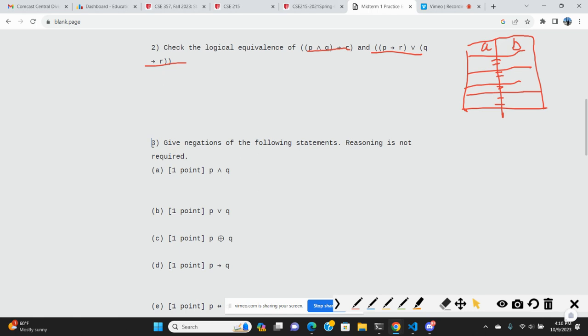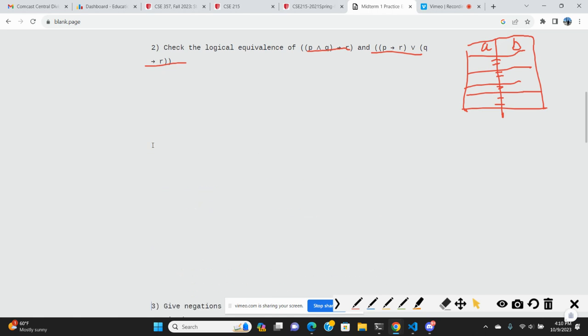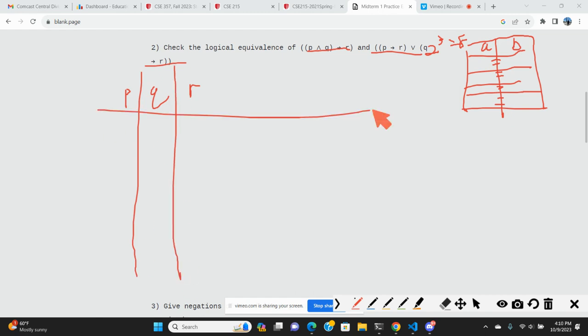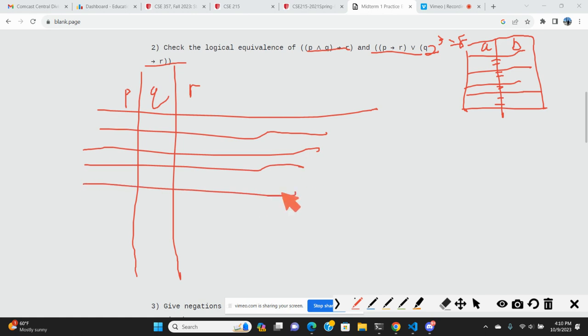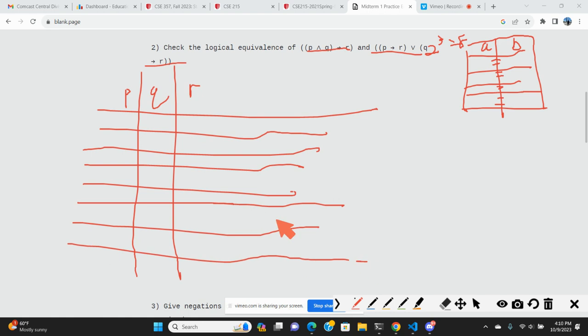Let's give this again a lot more space. Once again, we have P, Q, R. We have 2 to the third equals 8 rows. So 1, 2, 3, 4, 5, 6, 7, 8.